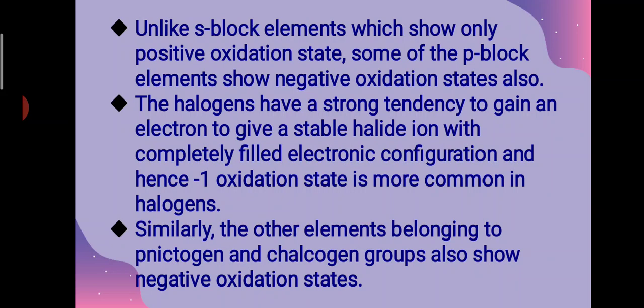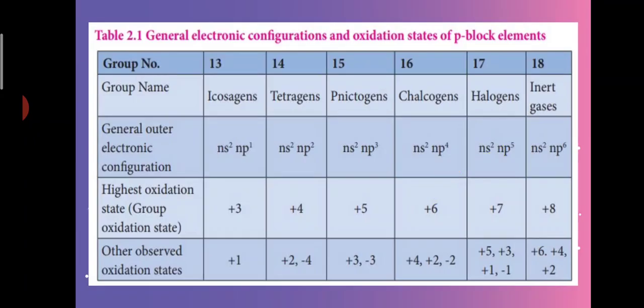Similarly, the other elements belonging to the pnictogen and chalcogen groups also show the negative oxidation state. So first we need to understand what these pnictogens are. Group 13 elements are called icosagens. 14th group is tetragens. 15th group is pnictogens. 16th group is chalcogens, and 17th group is halogens, and finally we have inert gases.